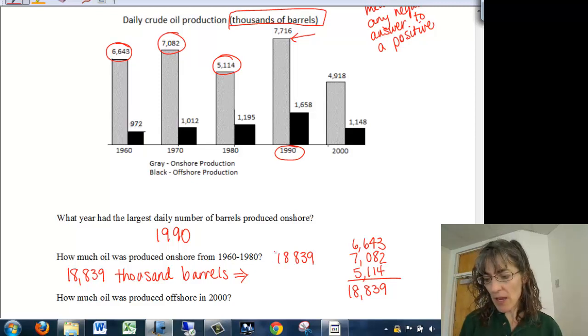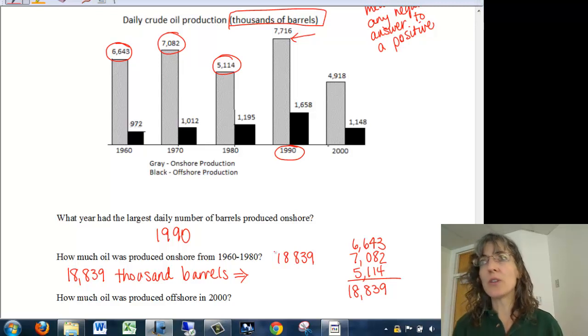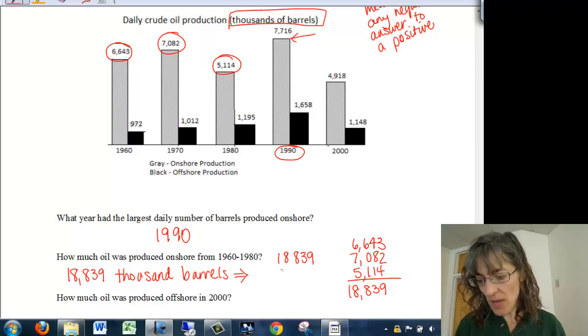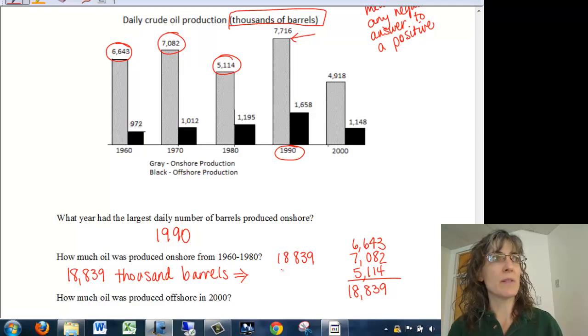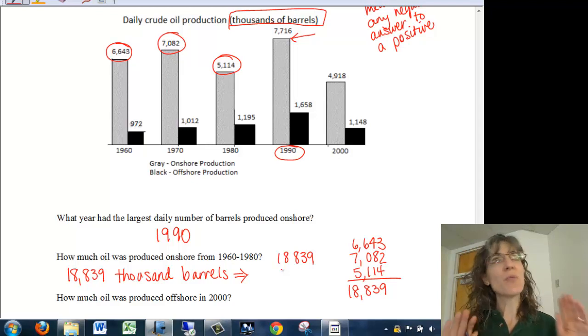So how could I write that answer that we got without having to use the word thousand? How can I make 18,839 into thousands? What, Evelyn? Oh, yeah, you could do it in scientific notation, but I'm thinking just write the number so that people who don't know about that could understand it.